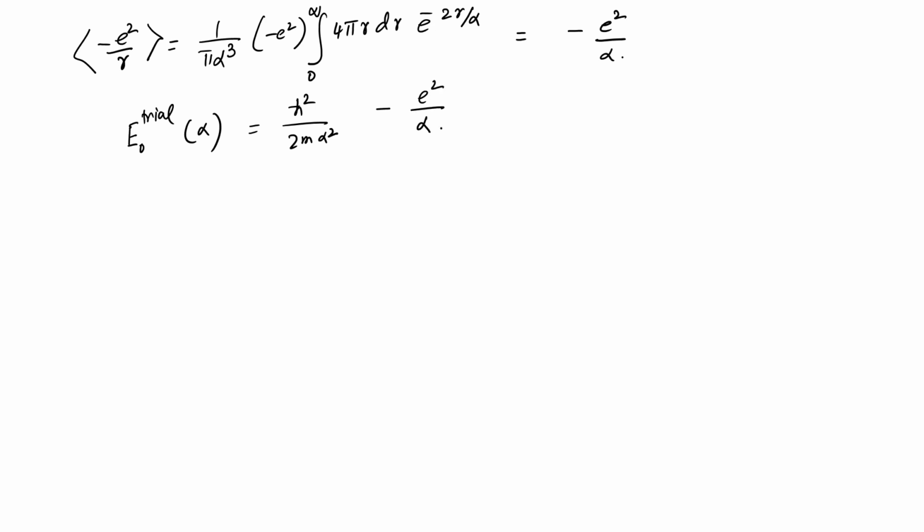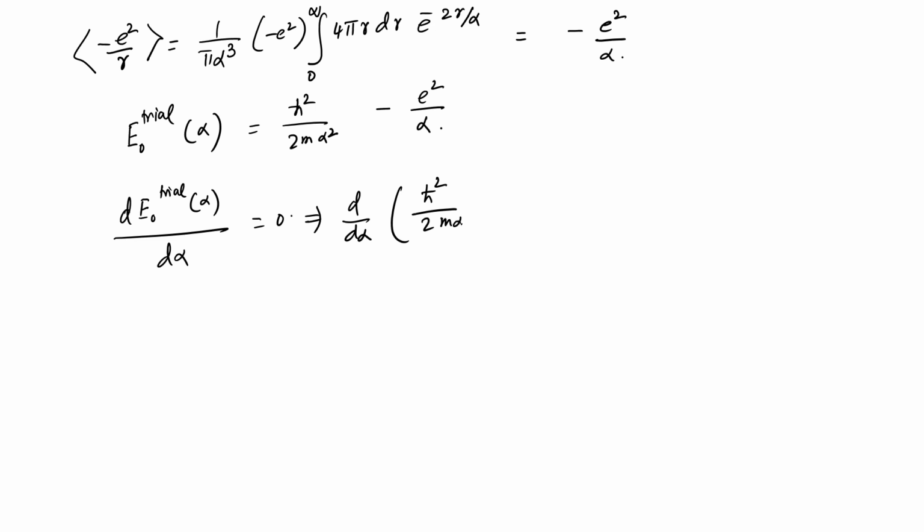If you minimize this E0 trial, that is, dE0 trial over d alpha, and put that equal to 0, so d d alpha of this term, it is ħ² over 2m alpha squared minus e² over alpha, and this is equal to 0. That gives alpha equal to ħ² over m e².